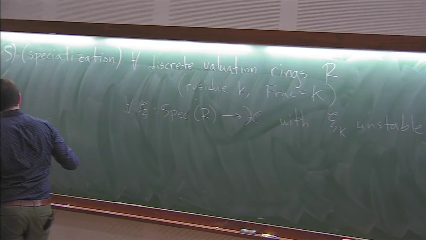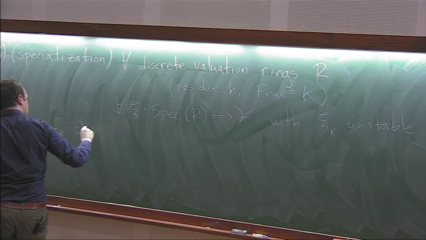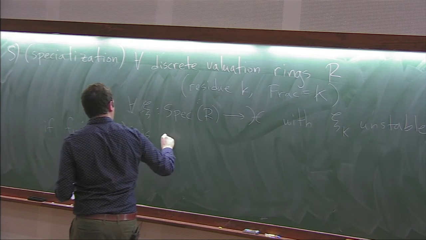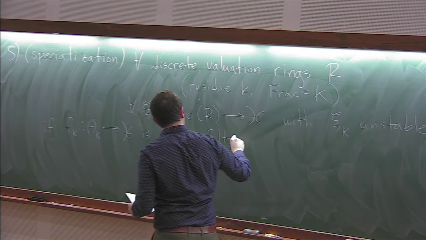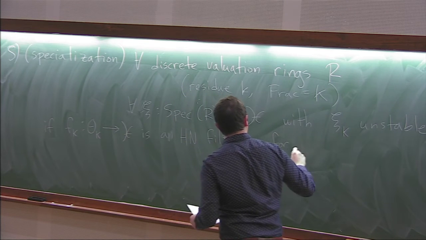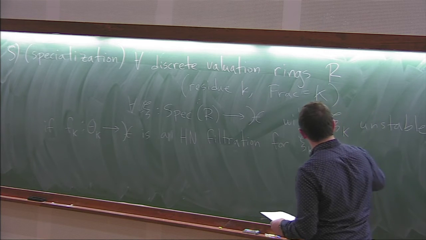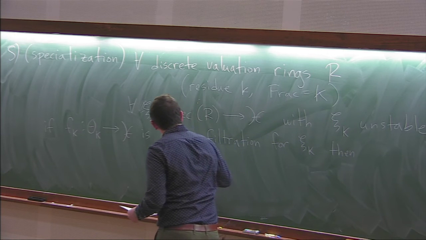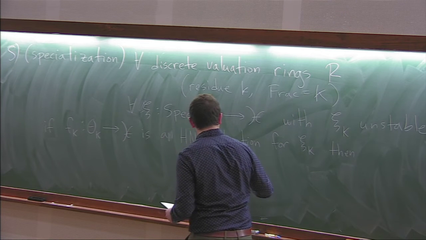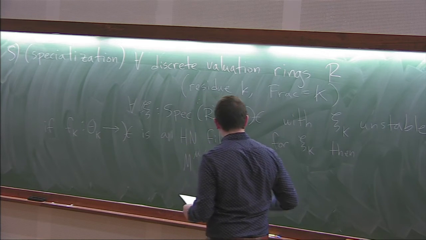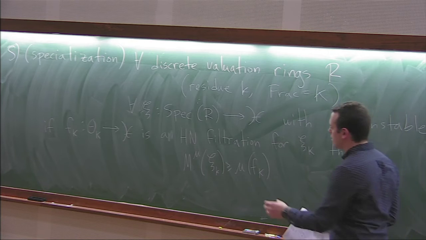If F_K is a Harder-Narasimhan filtration for psi_K, then, remember this function M mu, this is like the sup over all possible filtrations. So this is like measuring the degree of instability.